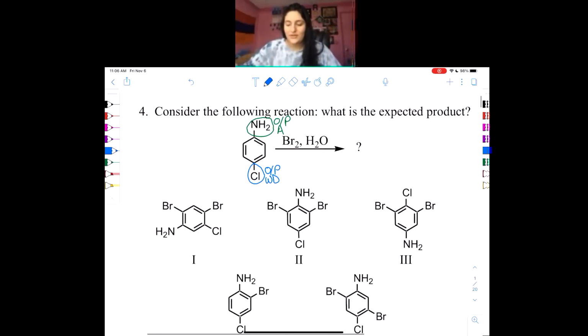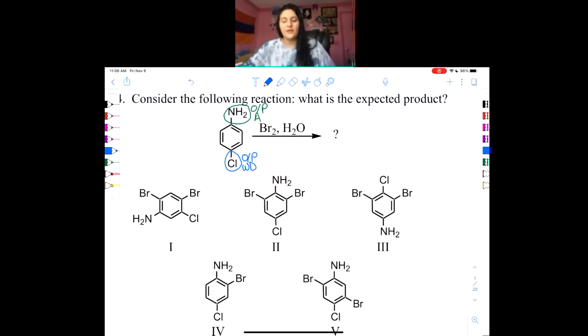Okay, so we know that between these two, the stronger activator is going to be the director. So NH2 is going to be the strongest activator. Compared to NH2, we are going to want to substitute the ortho positions, since para is already taken.